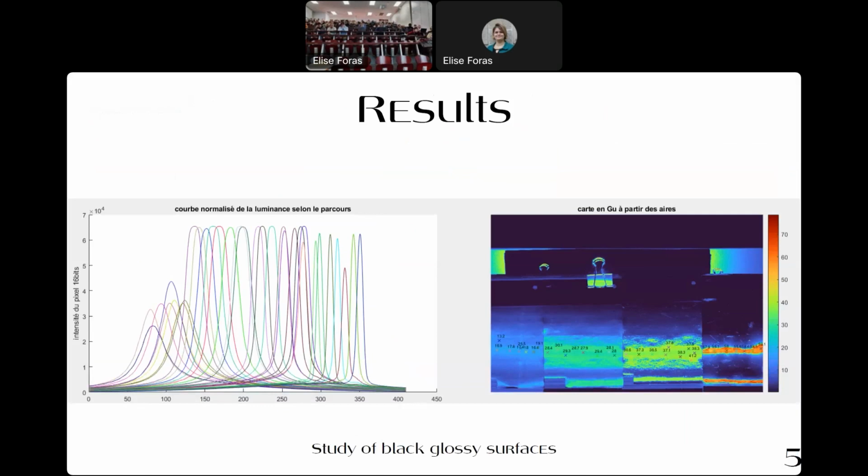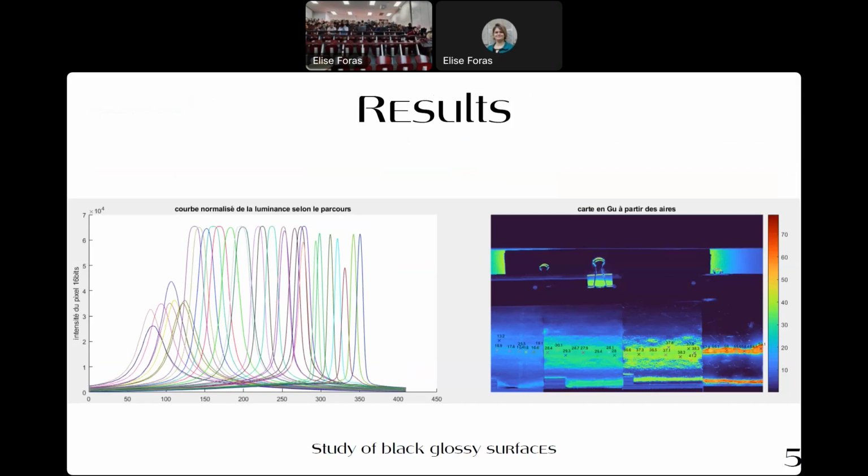In our results, we detected some problems, some issues. One of them is a bit visible in this result: the saturation of the curves. Because of this saturation, we underestimate the values. We have a problem of values; we are not accurate for the gloss unit of the point, of the pixel.